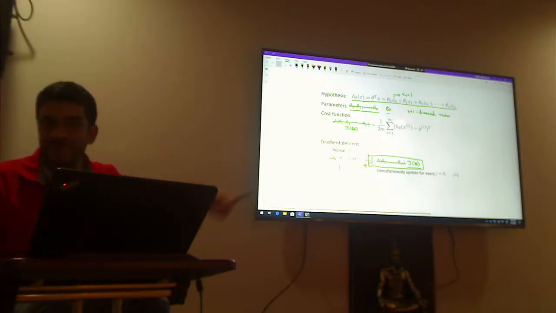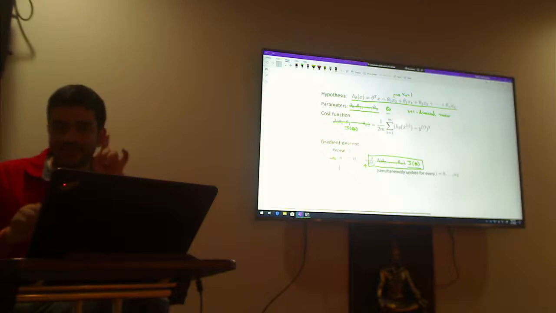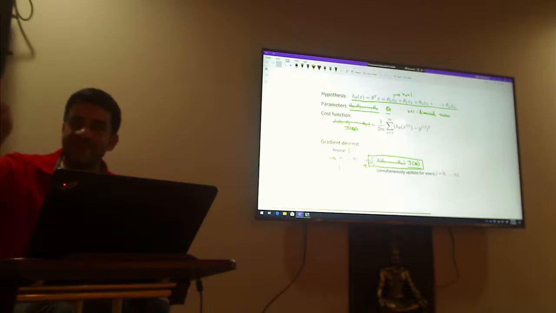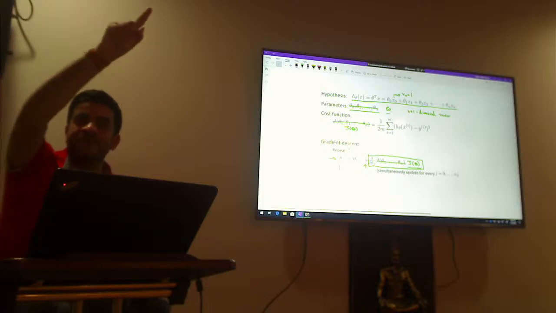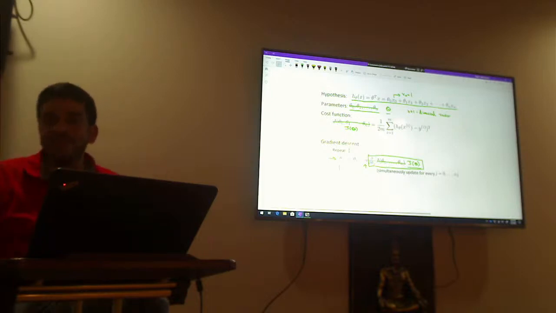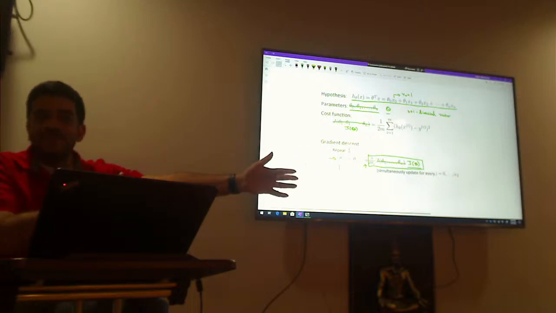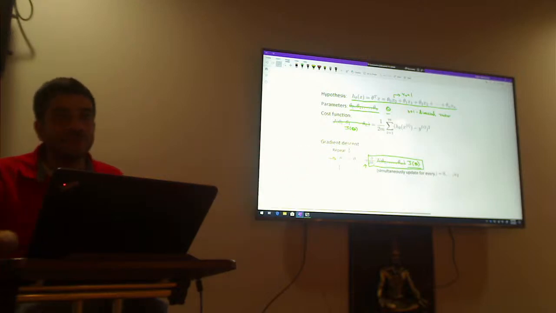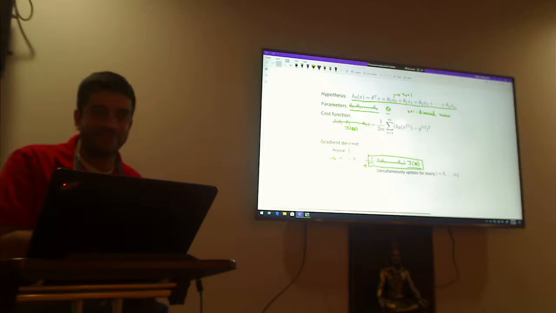Remember, when there was only theta 1, it was a 2-dimensional diagram. And when it became theta 1 and theta 2, it became a 3-dimensional picture, right? So at that time, we had to use a contour diagram to approximate it.